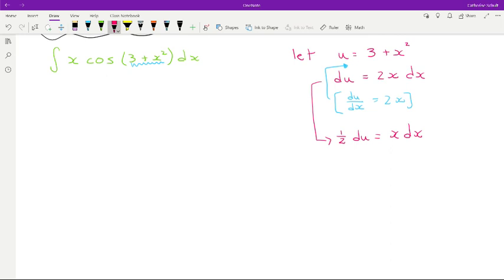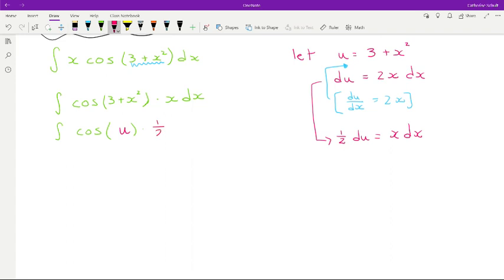All right, so that's the substitution we're going to be using. So let's rewrite it. We're going to bring all this information back. We have this. I'm going to put the x by the dx. Okay, and now it's time to make all of our clever substitutions. We said 3 plus x squared is u. And we said x dx is 1/2 du.